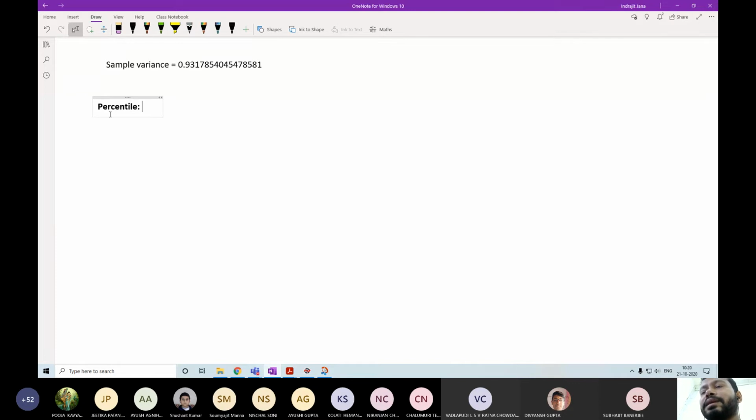So what is a percentile? This is defined like this: the pth percentile of a data set is, actually, a numerical value.